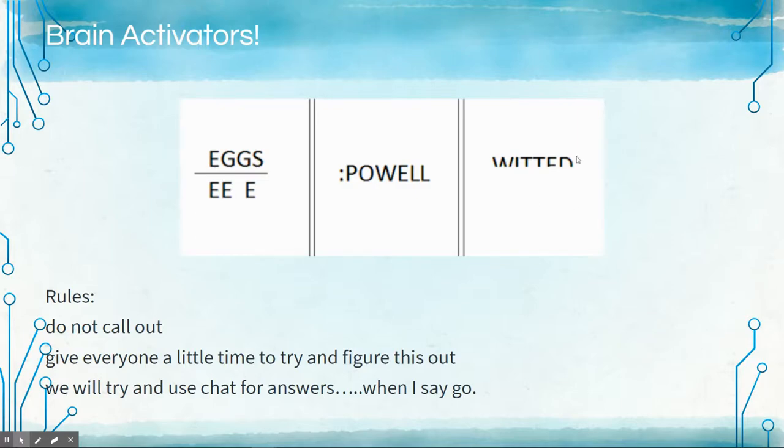And our last one here, maybe you can make out the word witted, and half of it is gone. So this term is half-witted. This is actually a derogatory word or an insult for somebody that is considered not to be very bright. And the thought here is somebody's only using half their brain, or they're half-witted.